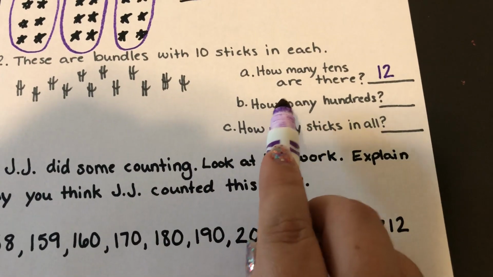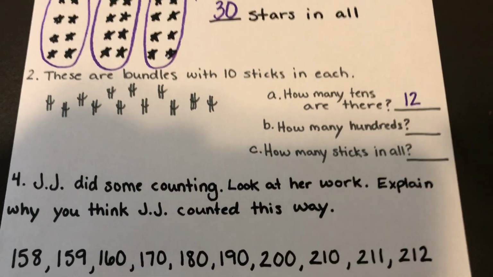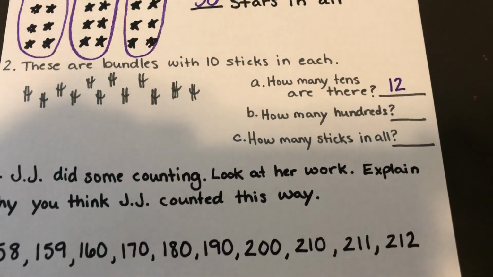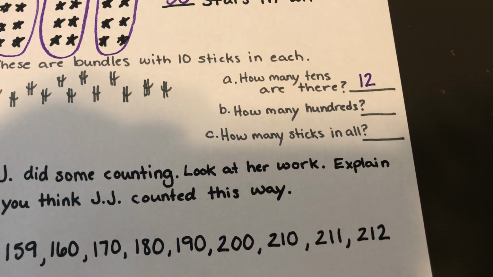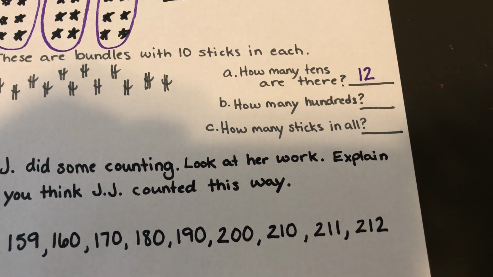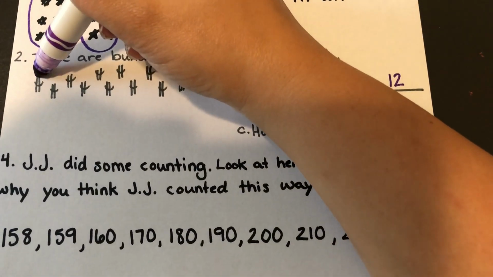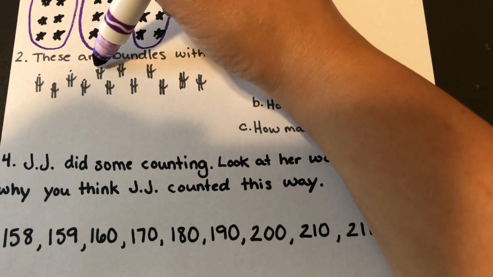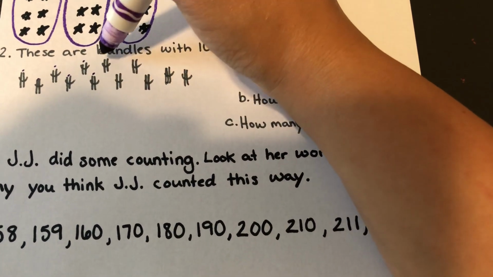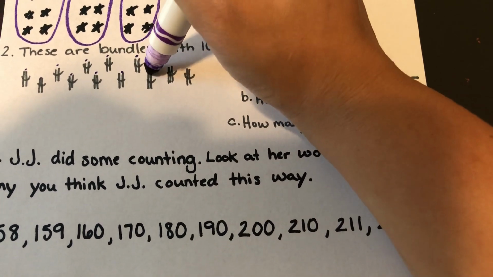The next one says, how many hundreds are there? Well, I know that 10 tens is equal to 100. So I'm going to see if I can bundle together a group of 10 tens. 1 ten, 2 tens, 3 tens, 4 tens, 5 tens, 6 tens, 7 tens, 8 tens, 9 tens, 10 tens.